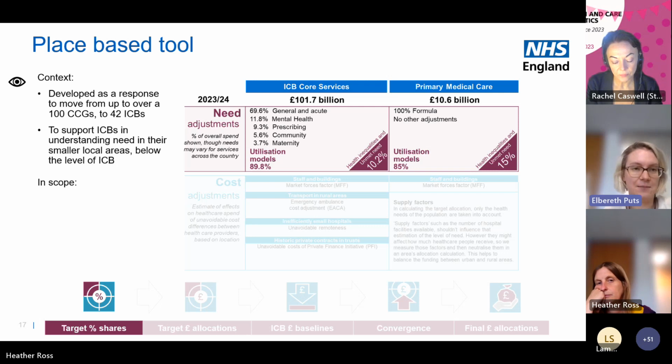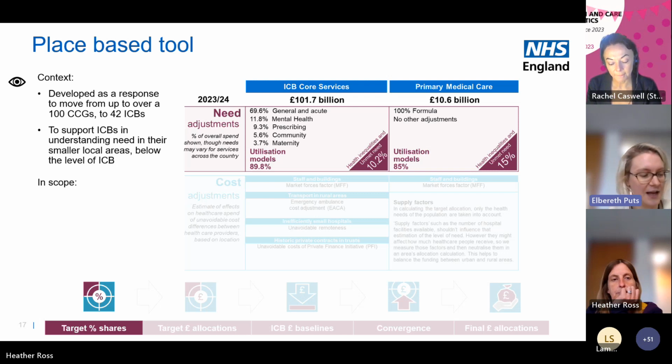we developed this place-based tool, I'll show you in a moment, as a reaction to the reorganization of, at some point, over 100 CCGs to just 42 ICBs, meaning that the bodies that are responsible for commissioning and making decisions about place-based allocation now are responsible for often much larger areas that often are also quite diverse.